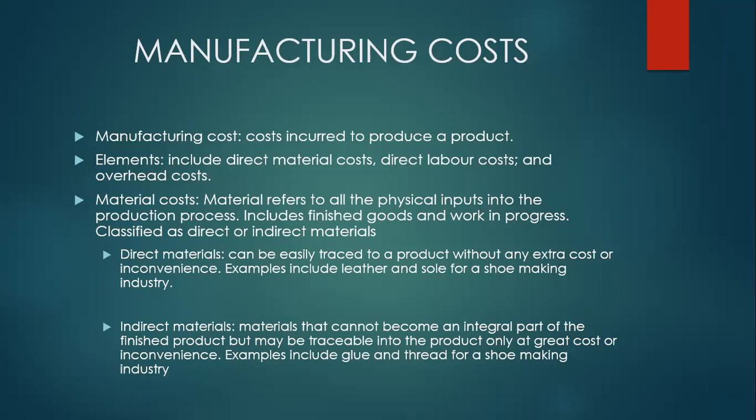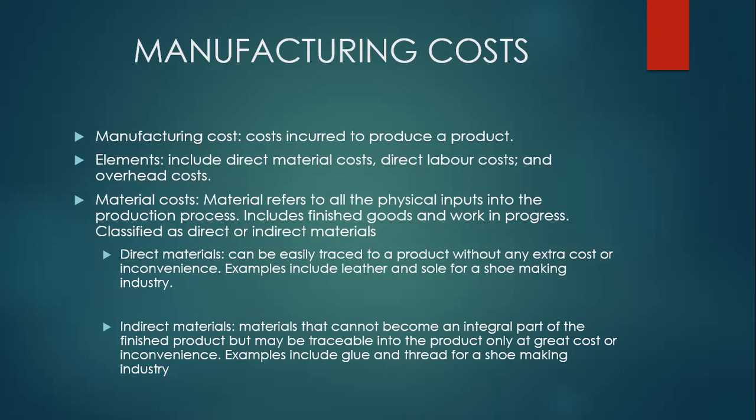So any material that goes into producing your bottle of water, such as the water itself, such as the bottle itself, these are direct material costs, the cost associated with the water itself and the bottle. Because at the end of the day, the water and the bottle will form part of the final product you are going to sell. So that becomes what? Direct material cost.